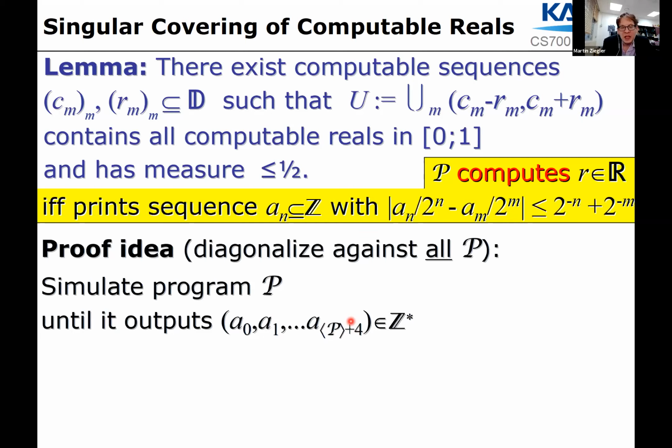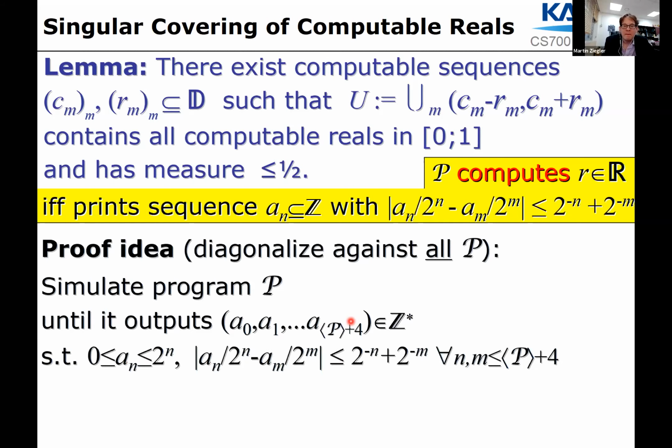Then that means that the algorithm has produced approximations to some real number, possibly continuing to compute a real number. Right, so we verify that the approximations it produces satisfy this necessary condition, but we only verify the finite initial part of that infinite sequence of approximations.